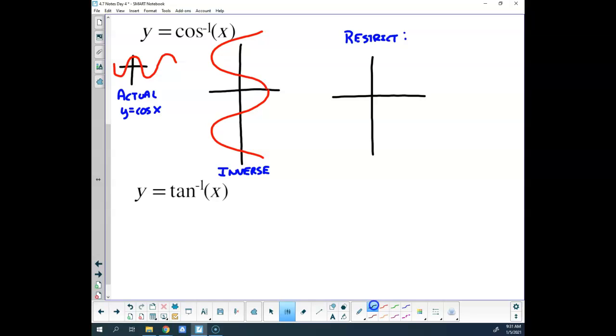And this time we restricted it to here. But that was negative 1 there, 0, and pi there. So we restricted this one to the top half.